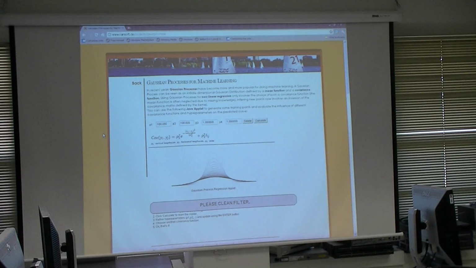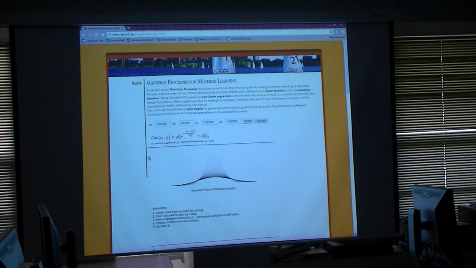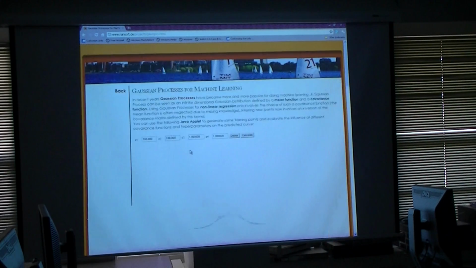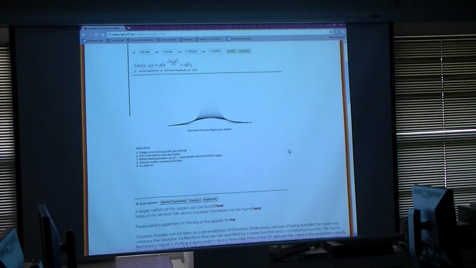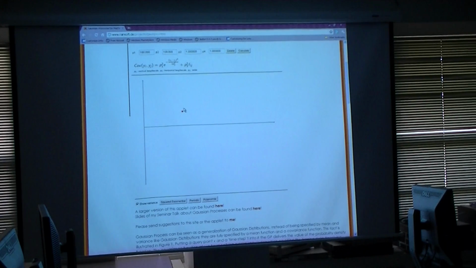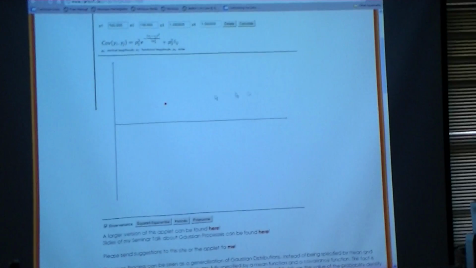So yeah, I found this online. It demonstrates the Gaussian process. You see here we can make some input.